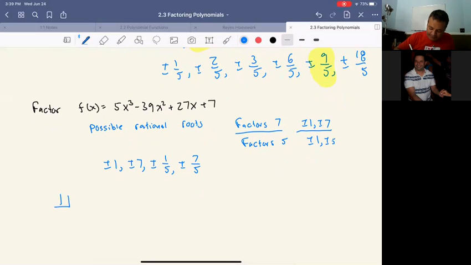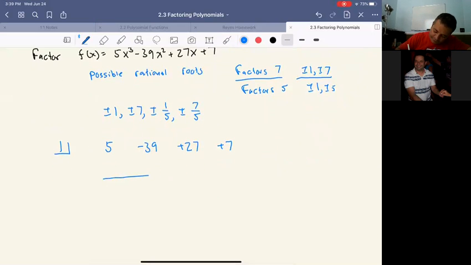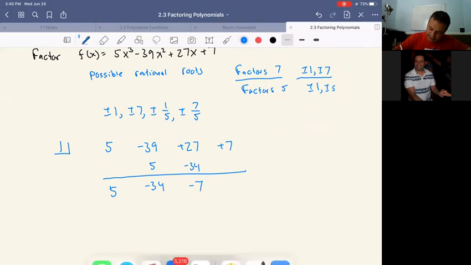So 1, then 5, negative 39, 27, 7. 5 comes down. 5 times 1 is 5. Negative 34 comes down. Negative 7. Then 1 times negative 7, 0.